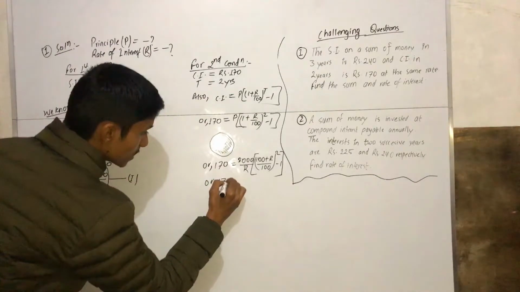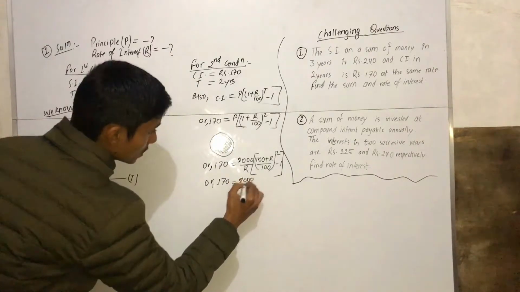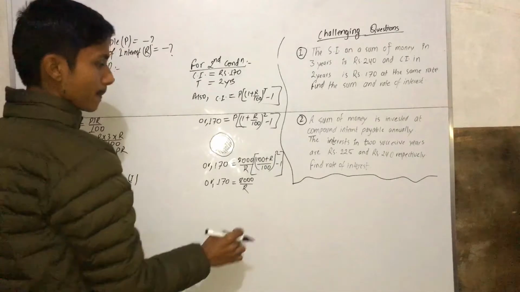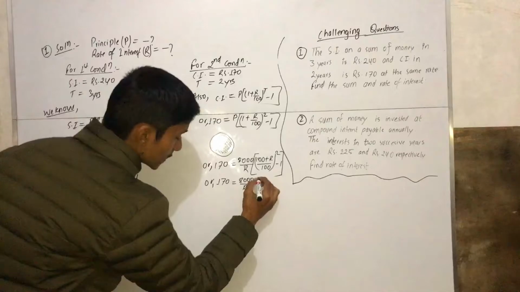Or 170 is equal to 8,000 by R. Simplify this using (a plus b) whole squared. What do we get?